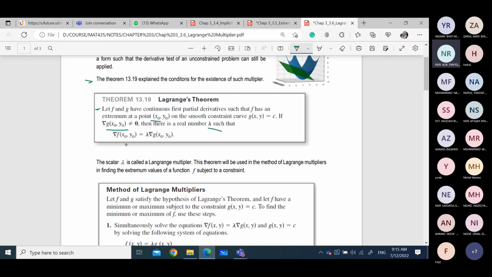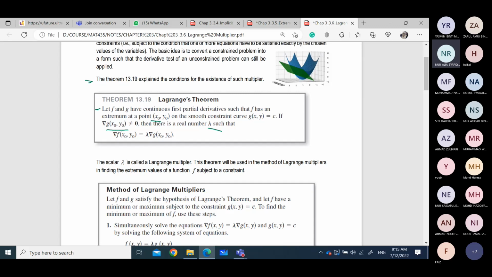The meaning of gradient here is the first order partial derivatives with respect to x and y on f, and the first order partial derivatives with respect to x and y on g. Okay, alright. So this is Lagrange multipliers.